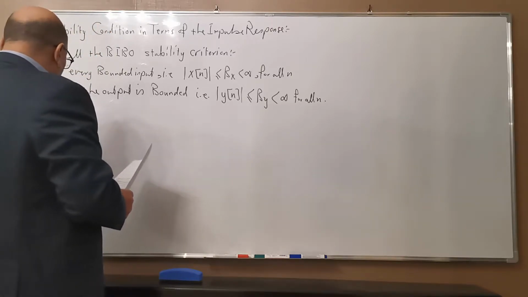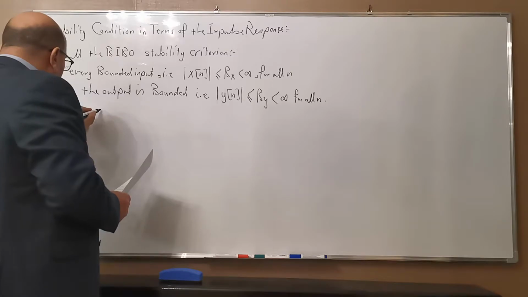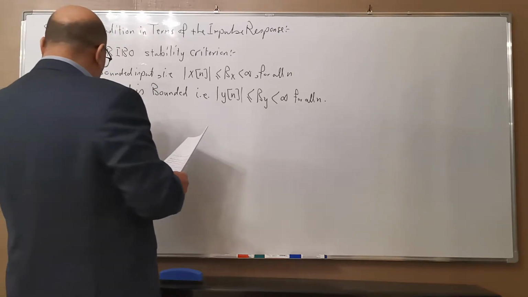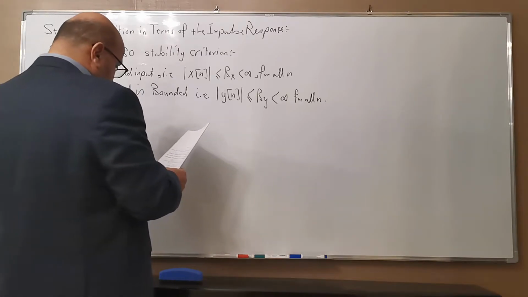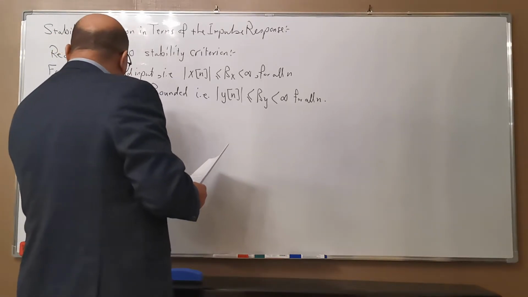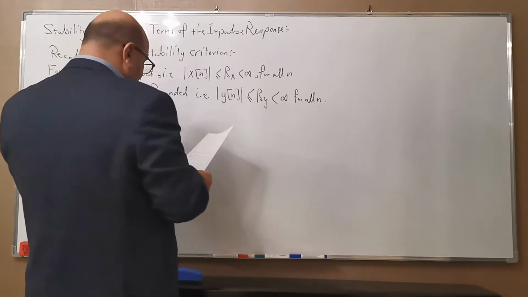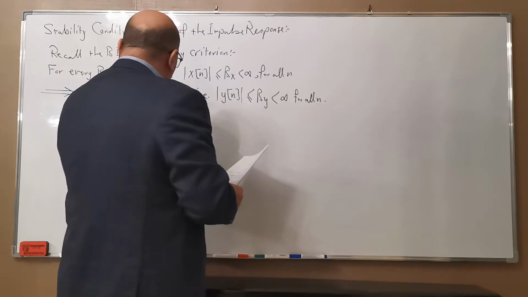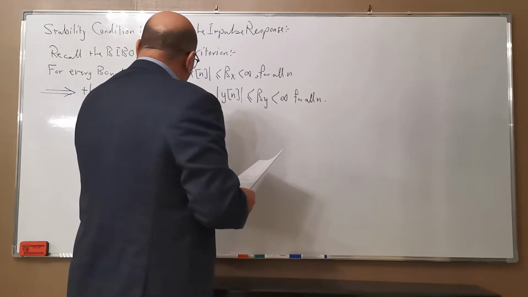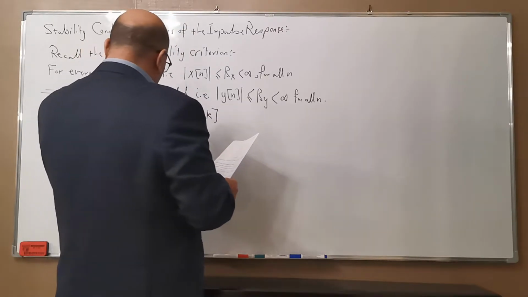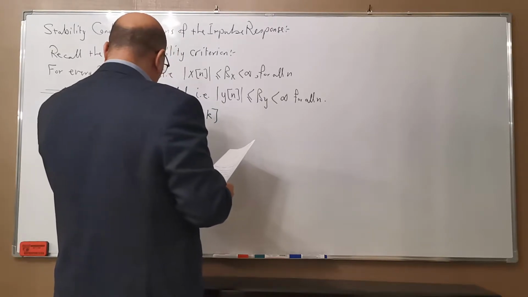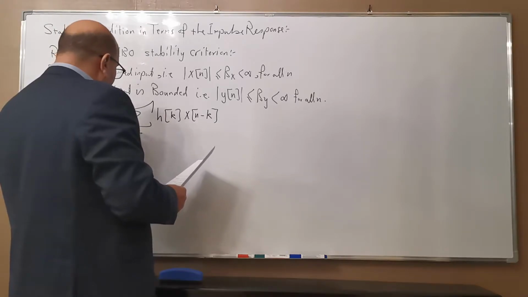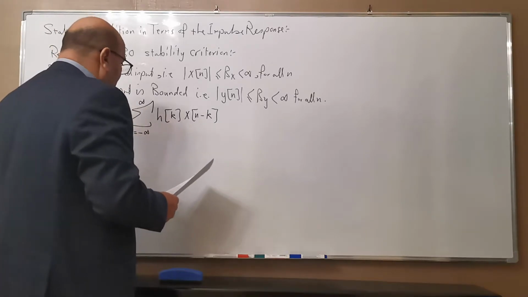Okay, let's put y of n here in terms of the linear time invariant system, which says that y of n is the convolution of h of n with x of n. y of n equals the summation of h of k, x of n minus k, from k equals minus infinity to infinity.